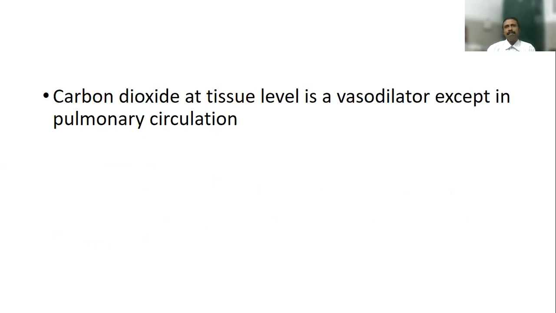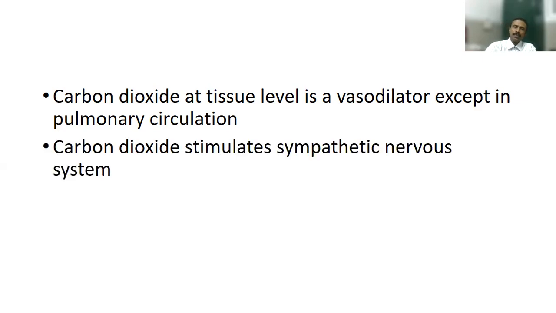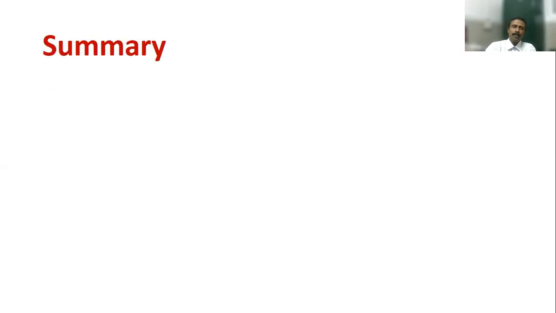Similarly, the effects at various tissue levels can be deciphered by this general principle that it is usually a vasodilator, except probably in pulmonary circulation, where it can cause pulmonary vasoconstriction. Carbon dioxide also, in general, stimulates the sympathetic nervous system. And you can see the effects of a stimulated sympathetic nervous system like tachycardia and hypertension.